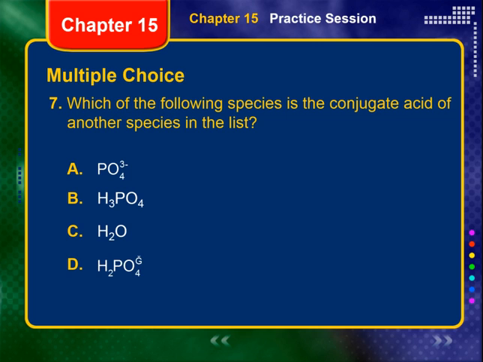Which of the following species is a conjugate acid of another species in this same list? So which one is a conjugate acid? Not only which one is a conjugate acid, but which one is a conjugate acid of something else in this same list? So this is the conjugate acid.